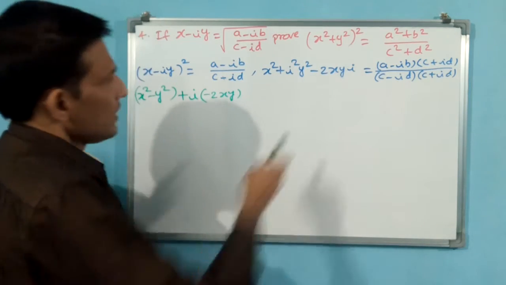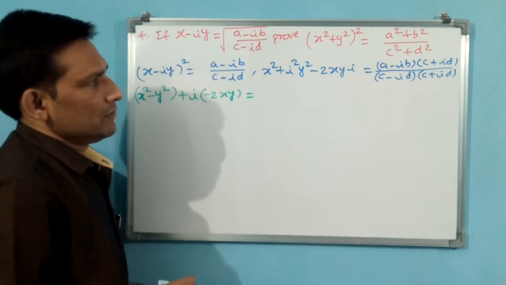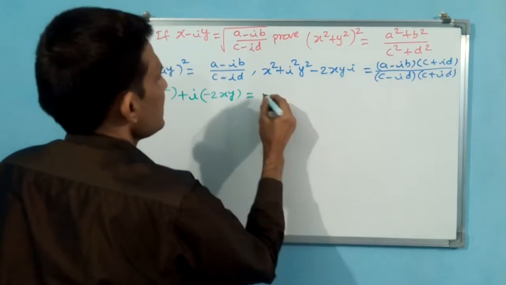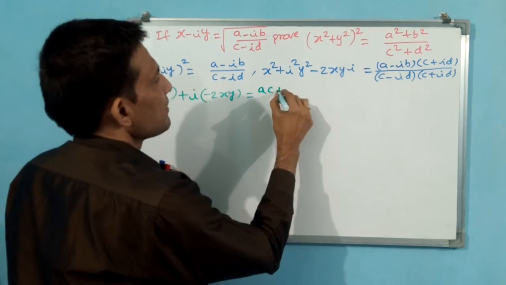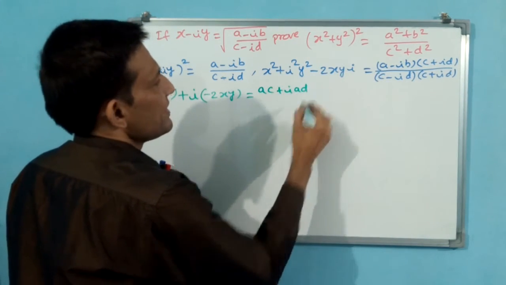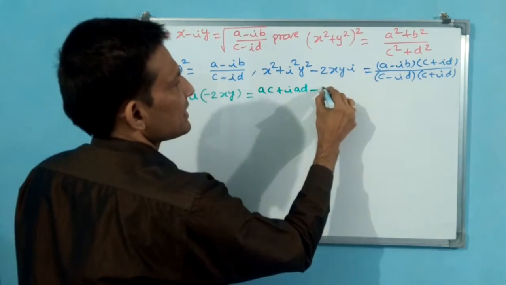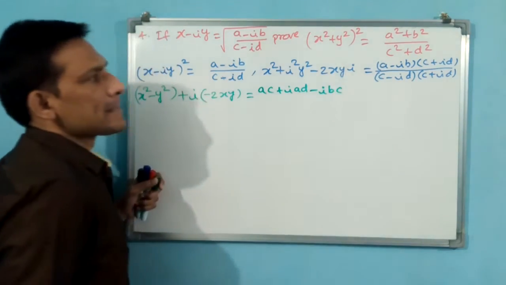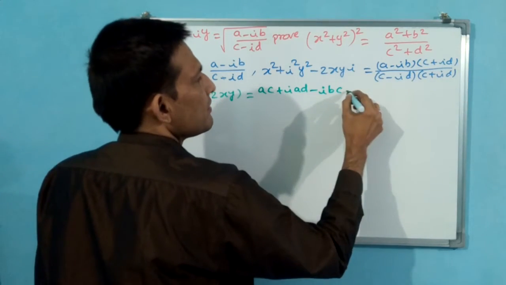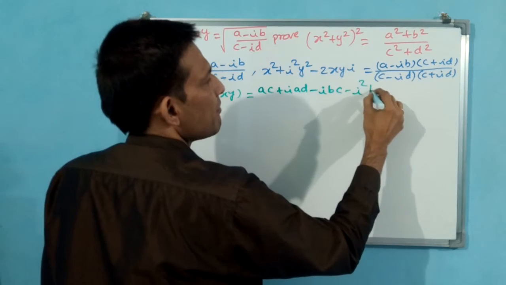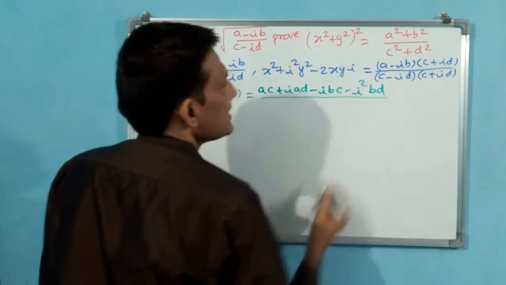Okay, now you do this rationalization, RHS side. ac plus iad minus ibc minus i square bd, divided by this.